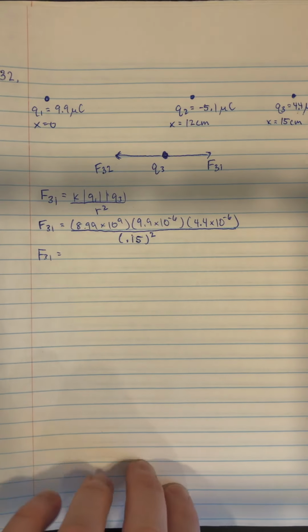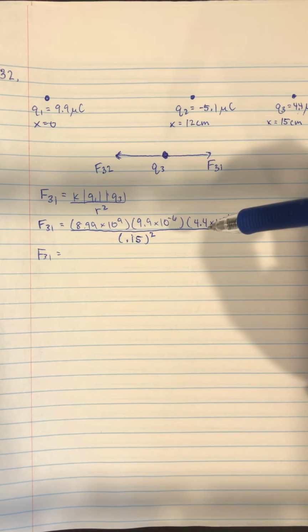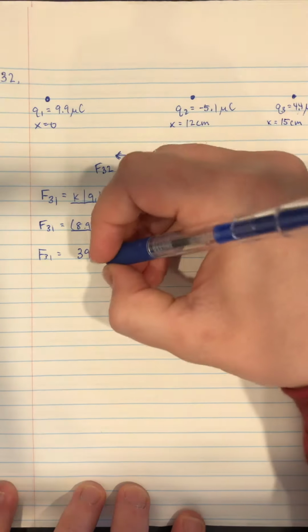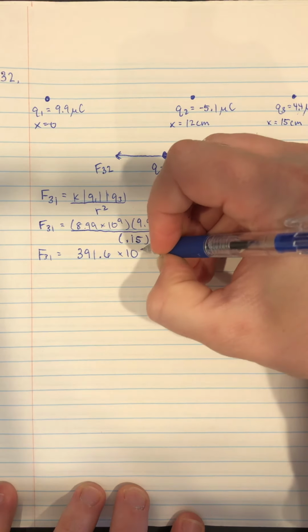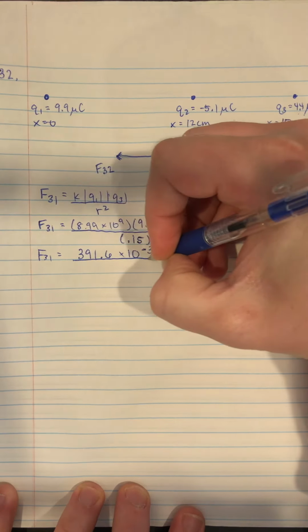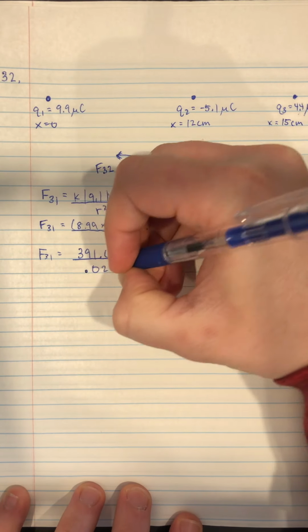So let's do some math. We'll do it the long way. 8.99 times 9.9 times 4.4 gives me 391.6 times 10. 9 minus 6 is negative 3. 0.15 squared is 0.0225.